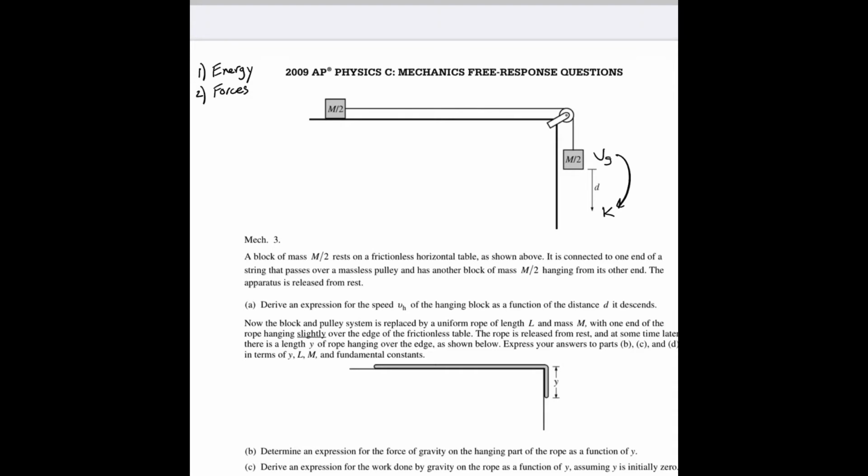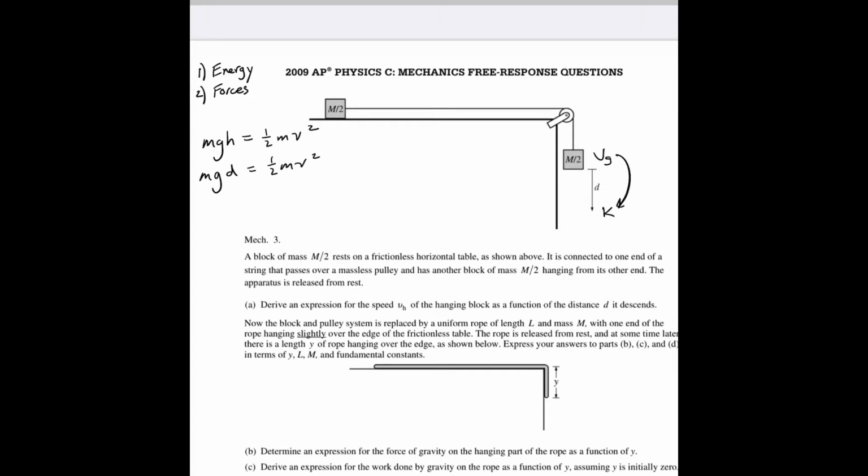So mgh is equal to 1/2 mv squared. I know that the distance that it descends is d, so this is going to be mgd is equal to 1/2 mv squared.